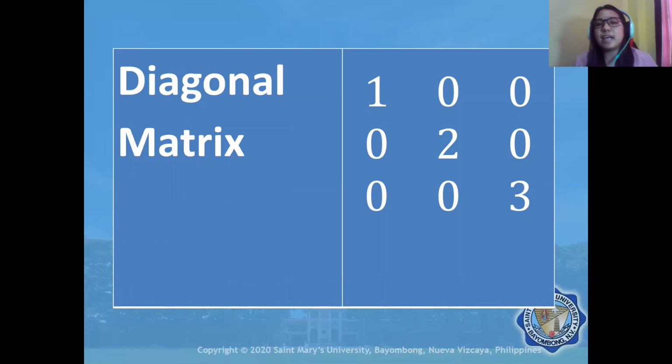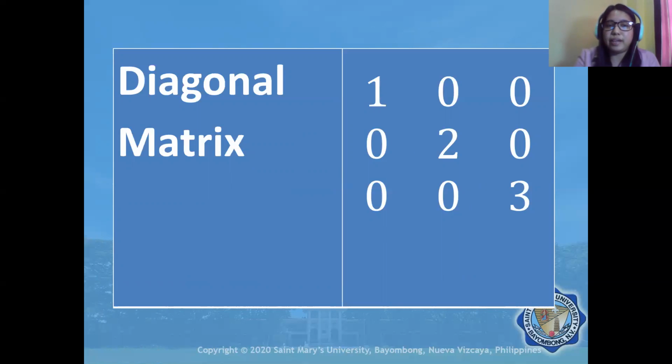So what is a diagonal matrix? Aside from all other matrices, we also have what we call a diagonal matrix. As you can see in the example, the principal diagonal contains elements that are not 0, and all other elements are 0.